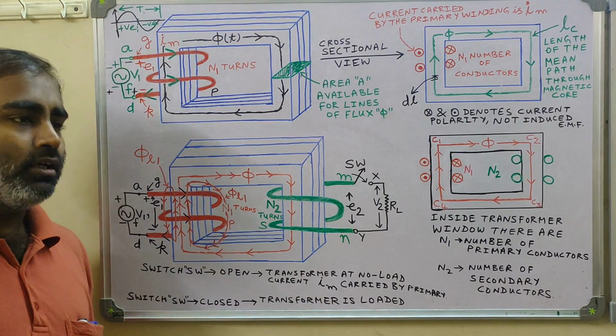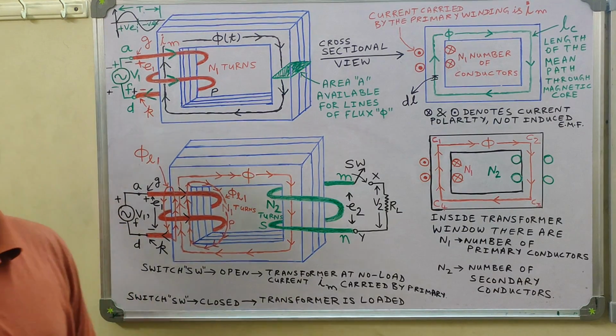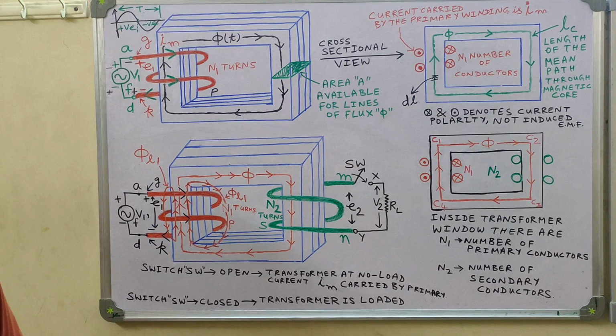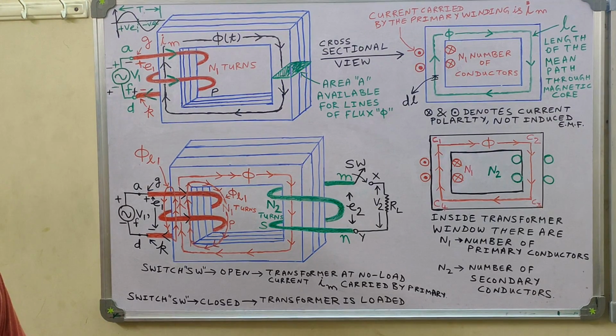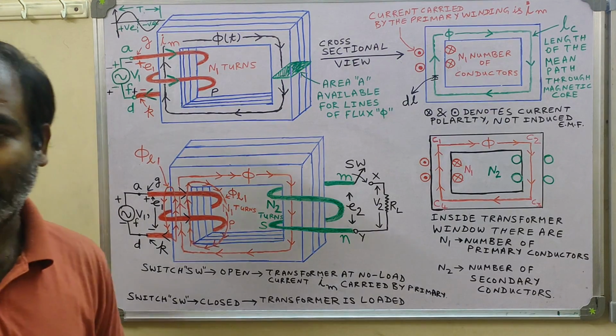So in this event, people use another pair of terms, named low voltage winding and high voltage winding. The low voltage winding is characterized by fewer turns compared to the high voltage winding, and its area of cross section will be much thicker, that is, larger compared to the high voltage winding.